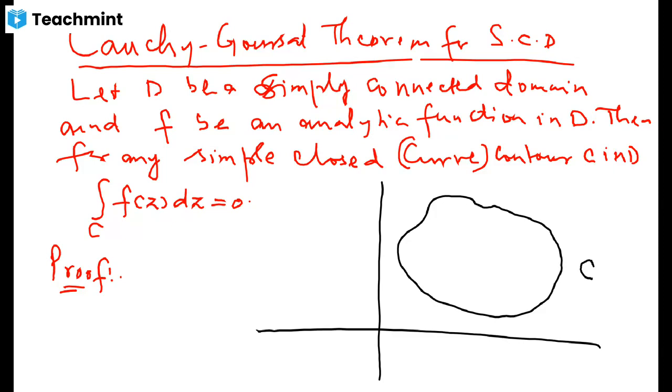So what is the process? What are we going to do first? We are going to divide this region R, which is C, the boundary, along with the interior part of this contour C. Everything that is inside this contour.